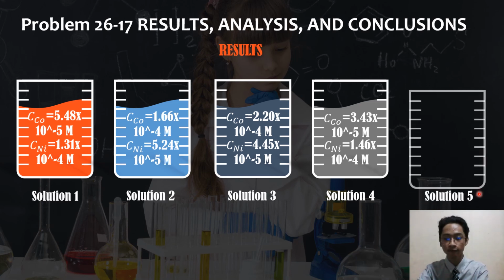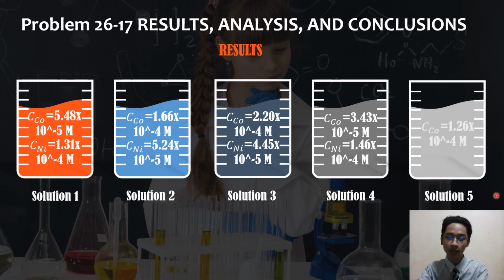And lastly, for our solution 5, we get concentration of cobalt is equal to 1.26 times 10 to the negative 4, and concentration of nickel is equal to 7.45 times 10 to the negative 5. So here are the concentrations of cobalt and nickel in different solutions with different absorbances at different nanometers.